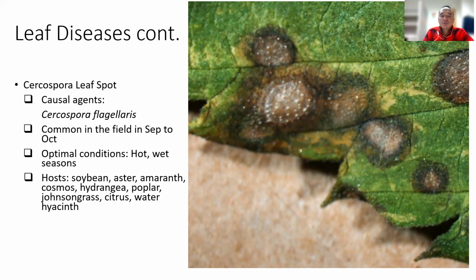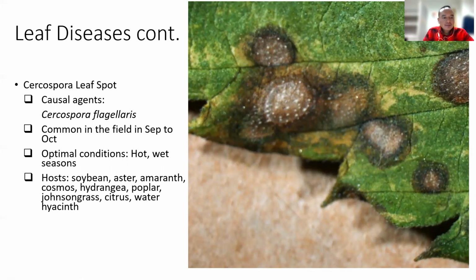And these spots are bordered by a purple border or purple halo. This purple border is caused by a toxin produced by these pathogens called cercosporin. Cercosporin is toxic for plants, but it's not toxic for humans.